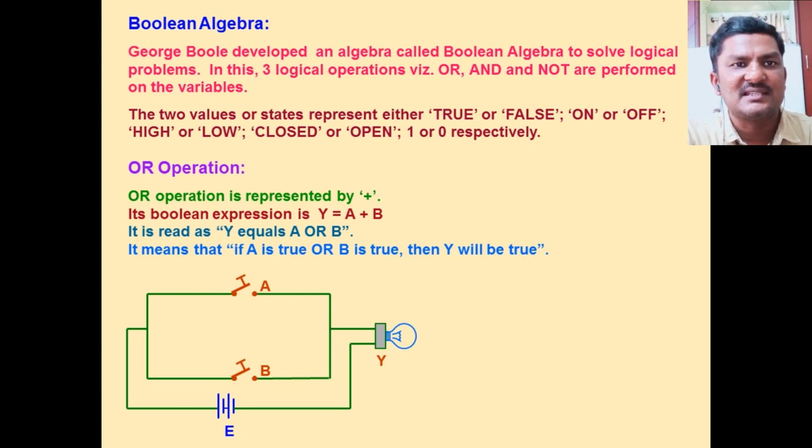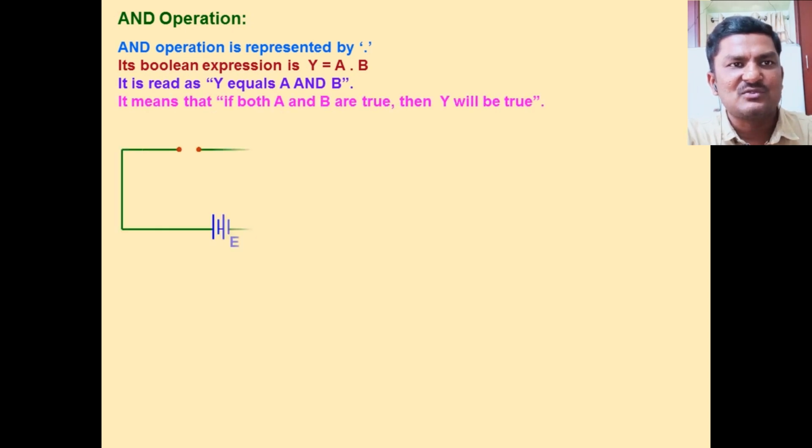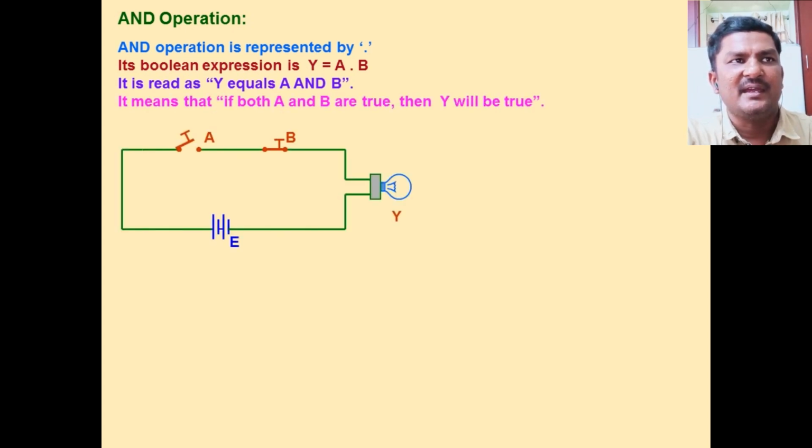So this is the electrical circuit with a battery, and I consider two switches and a bulb. Switch 1 gives the state of A and switch 2 gives B.